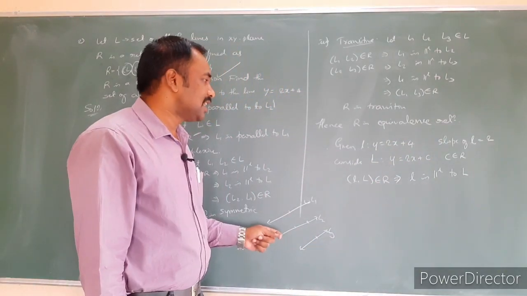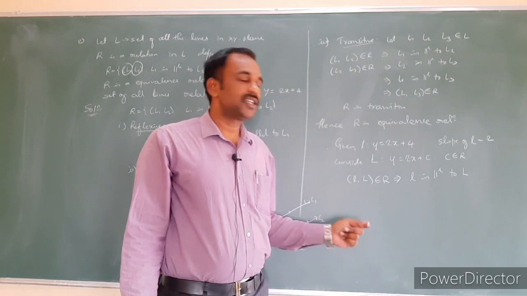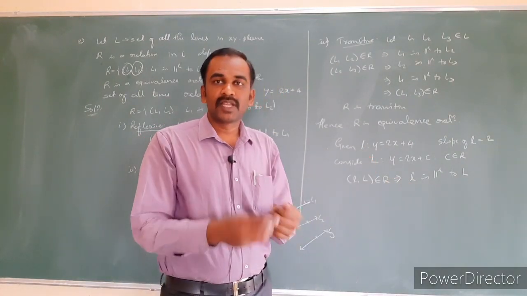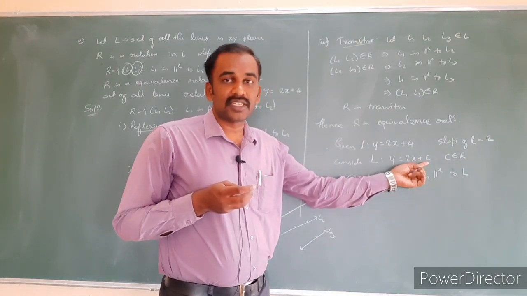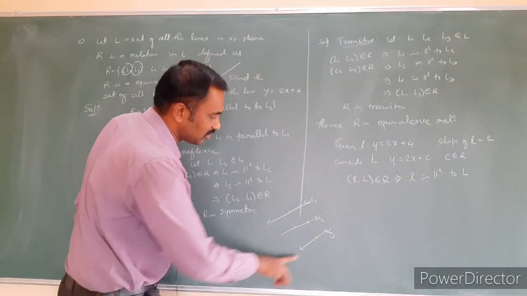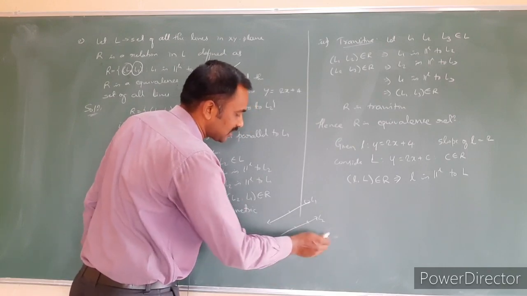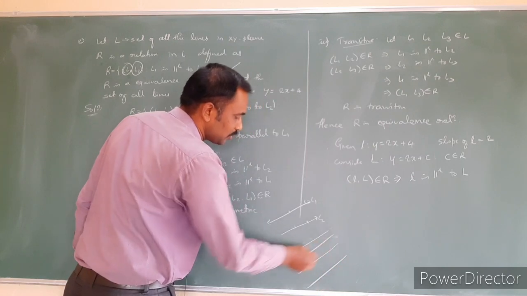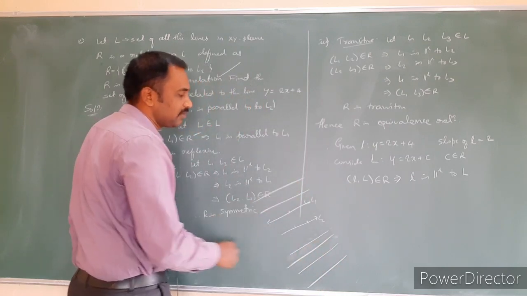Then what are the lines present in the plane? Is only this line there which is parallel to the given line L? No. So here the general point is c. This is one line. Here I have already drawn the lines. These are all the lines which are parallel to the given line.